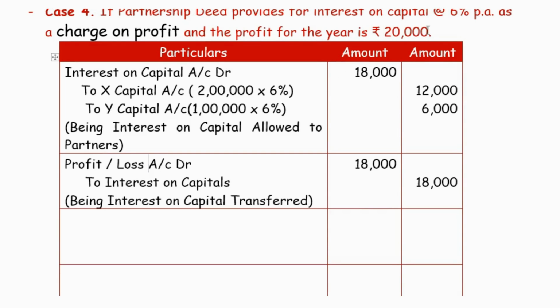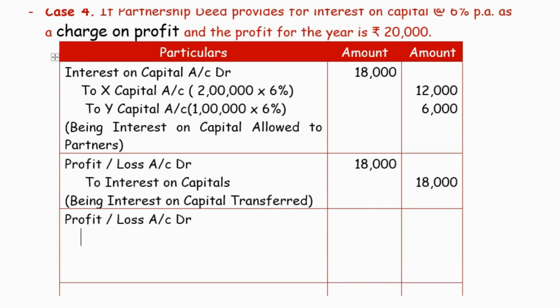Now the company has a profit of 20,000, but 18,000 is already deducted for the interest on capital. Now the available divisible profits are transferred: profit or loss account to profit or loss appropriation account.